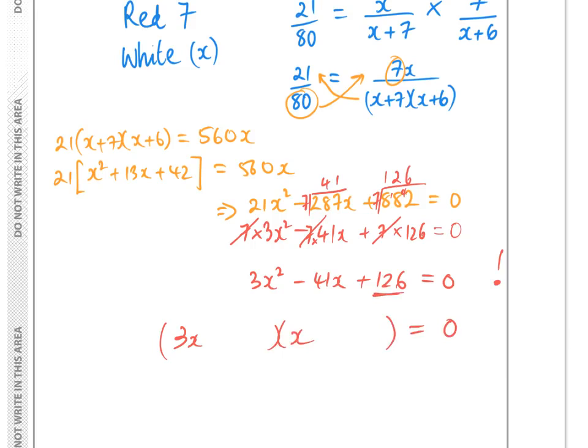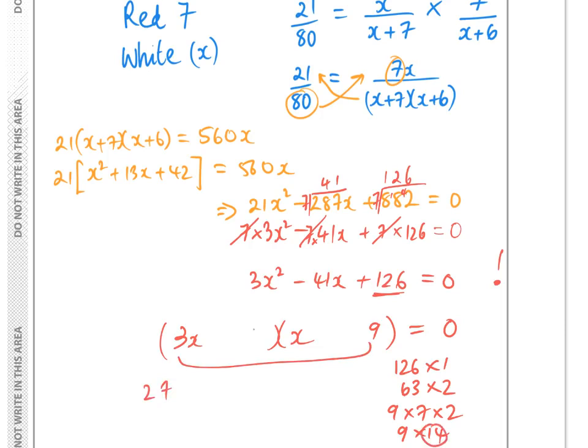So factors of 126, well, you can have 126 times 1, 63 times 2, 63 is 9 times 7, and if you had 9 and 14, if we did the 3 with the 9, that would give us 27, and we'd only need another 14 more, so the 14 could go in here, and so we'd have to have, sorry, we'd actually have a minus 27x, and then minus some more to give us a grand total of minus 41x. So we'd actually end up with that.